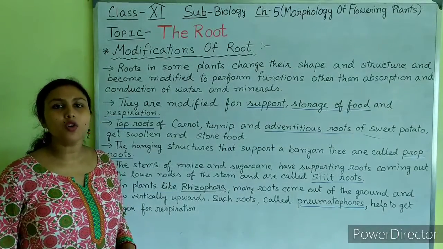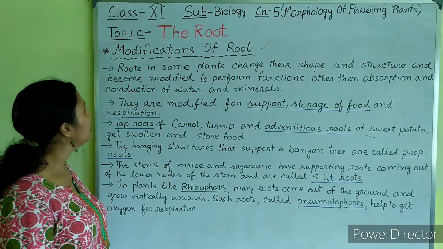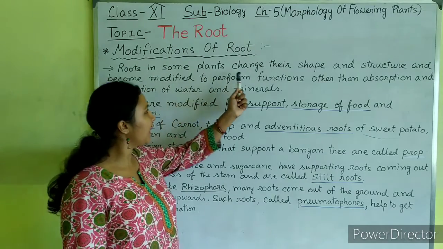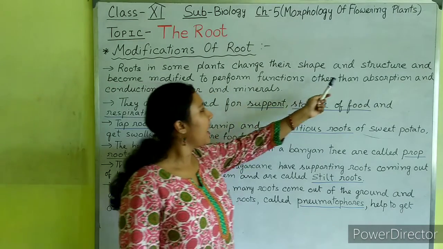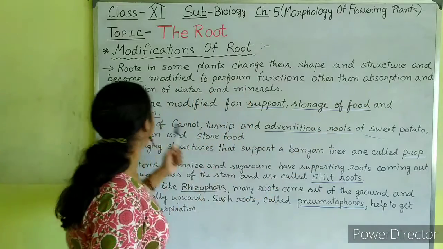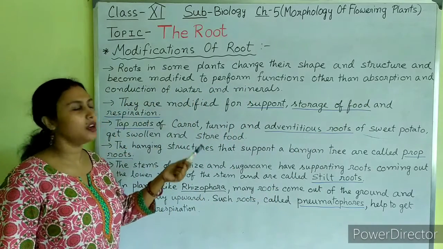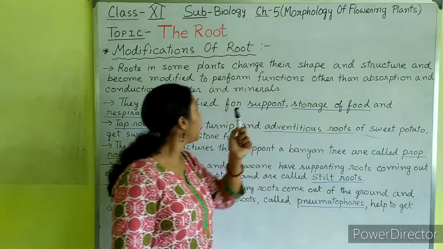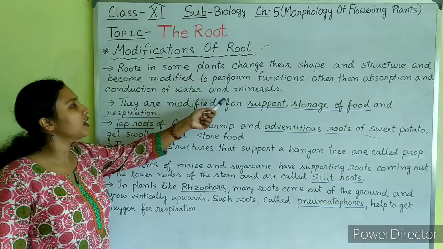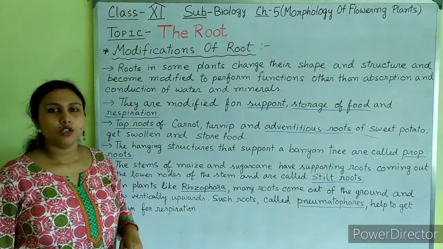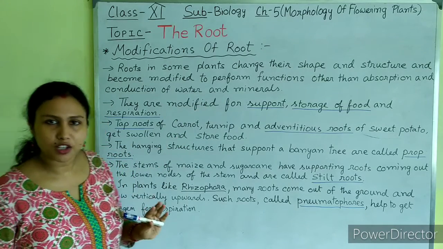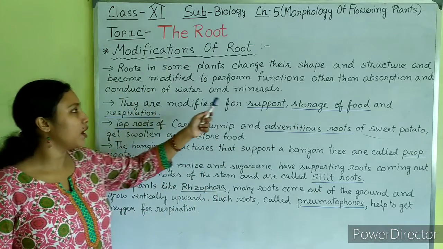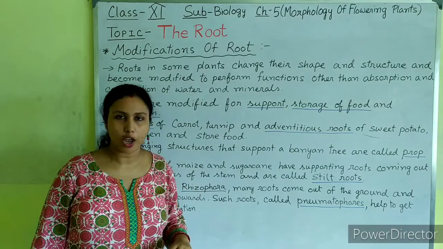Now we will learn about modifications of the root. Roots in some plants change their shape and structure and become modified to perform functions other than absorption and conduction of water and minerals. Students, we know that the main function of the root is absorption and conduction of water and minerals from the soil.